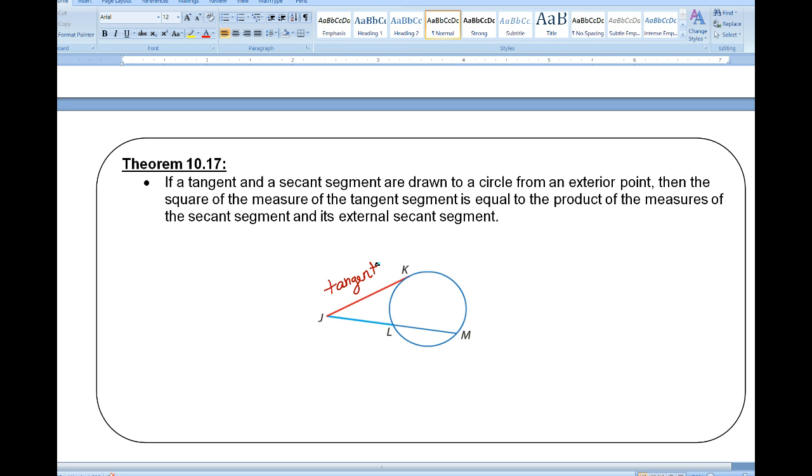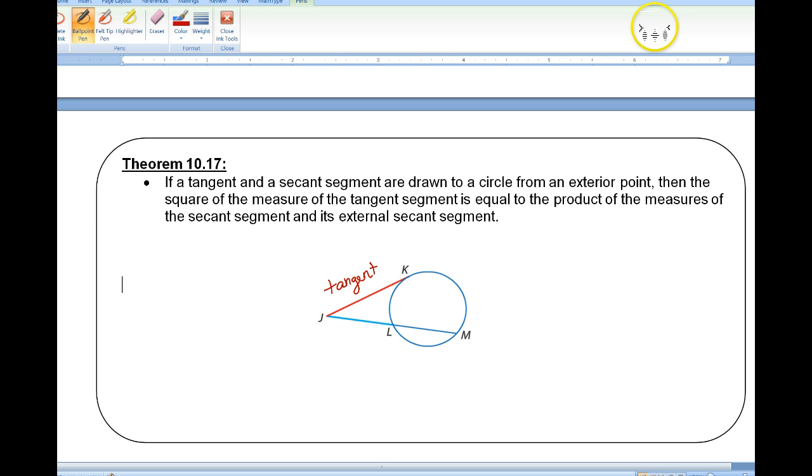Okay, so this one is just a little different because of the tangent. The tangent doesn't have two parts to it, right? The secant segment does. It has a part outside and a part inside. So when we have the tangent, we're going to square it.